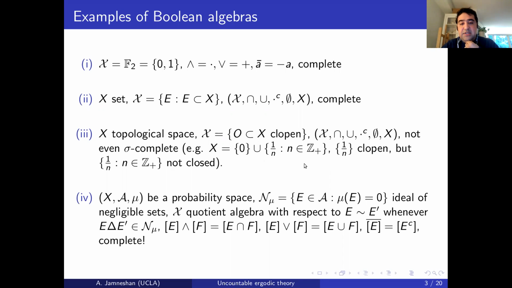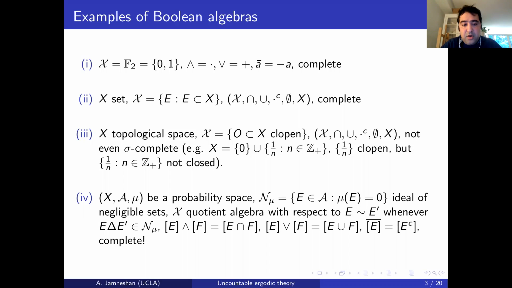Then it is not difficult to see that each singleton 1 over n is closed and open, but their union, which is this collection here, is not closed.